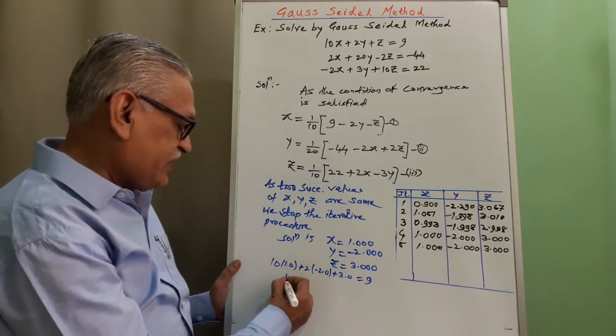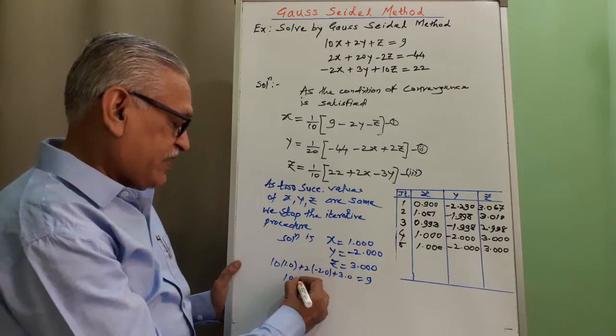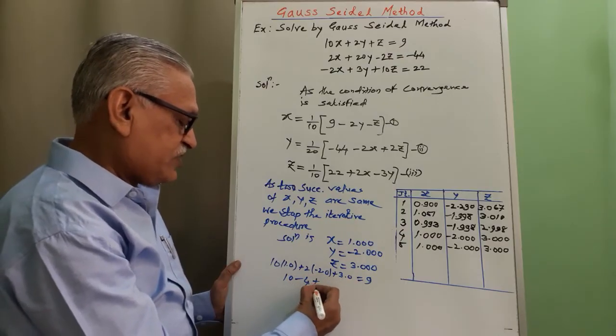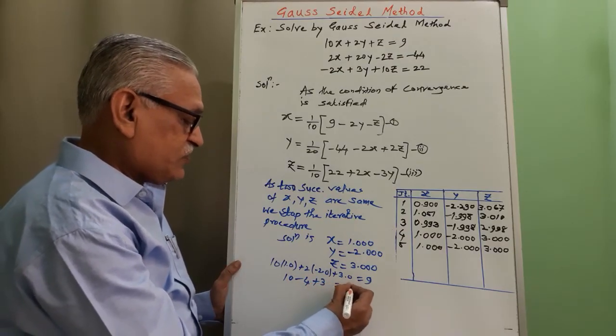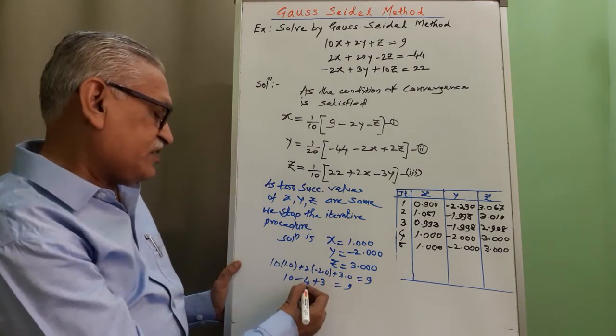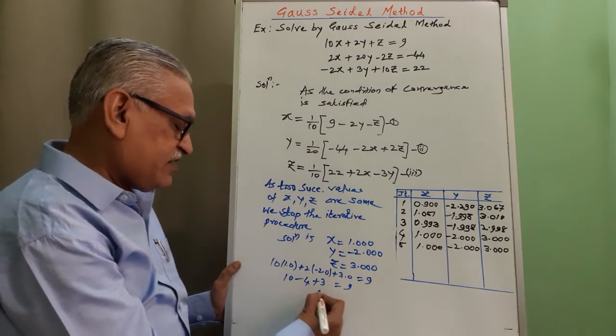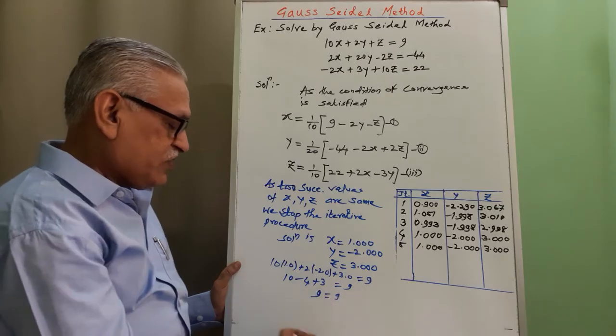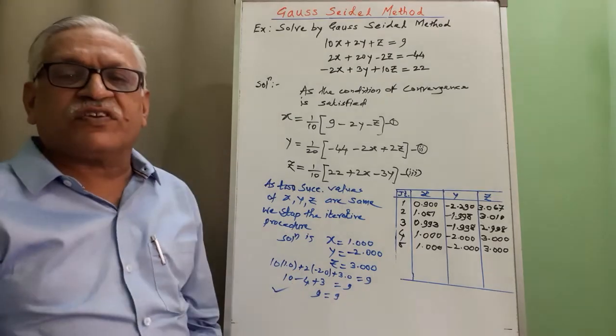Therefore, 10 into 1 we get 10, minus 4 and plus 3 equals 9. We get 6 plus 3, we get 9, equals 9. The first equation is satisfied.